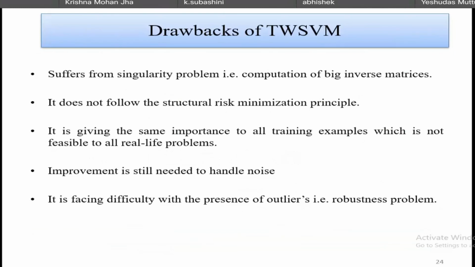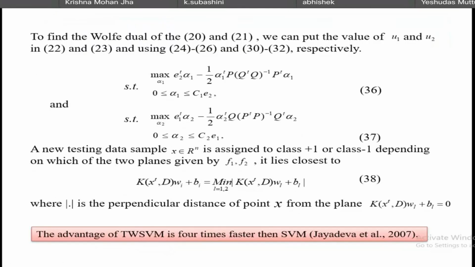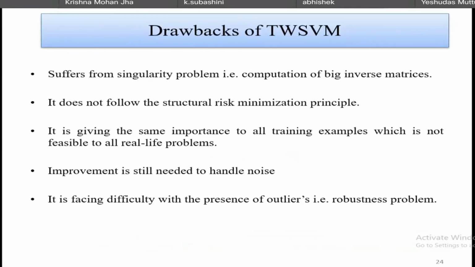There are some drawbacks actually. We have to find the inverse of Q transpose Q. Sometimes, due to similarity, you will not be able to find the inverse. So this is a problem with this model.